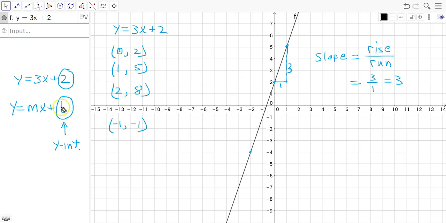Now notice for linear equations over here, like mx plus b, or for our particular equation, notice that right here, that 3 right there, that is our slope. That's not a coincidence. So this is our slope. And any time you have a linear equation like y equals mx plus b, the m is always going to be your slope.